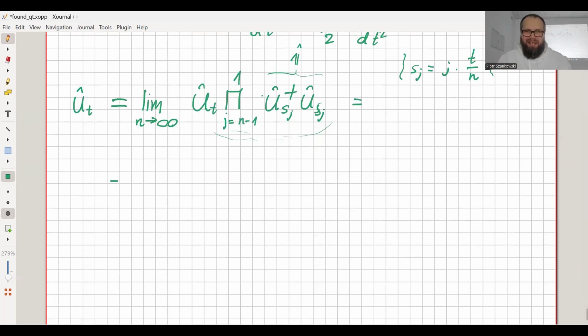But then I can rearrange this product a little bit, keeping the limit n goes to infinity.